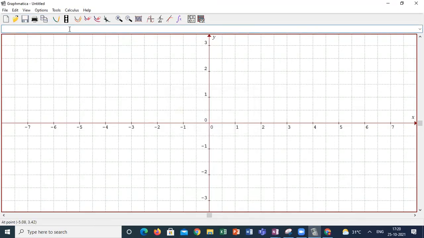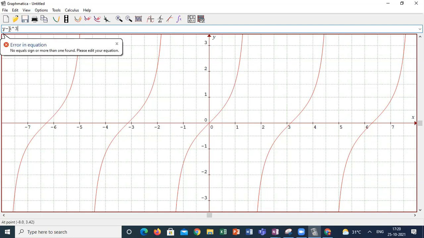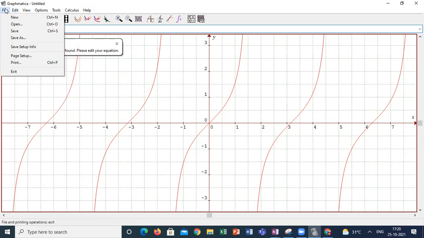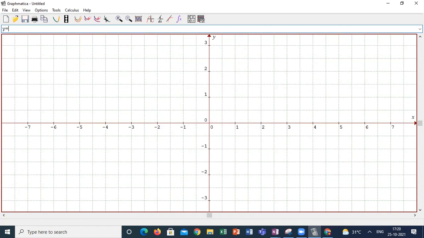Suppose if I am taking y is equal to tan x, the limit does not exist at 90 degrees. I will prove that here. But the same function, if I am taking y is equal to x cube, this is the graph.